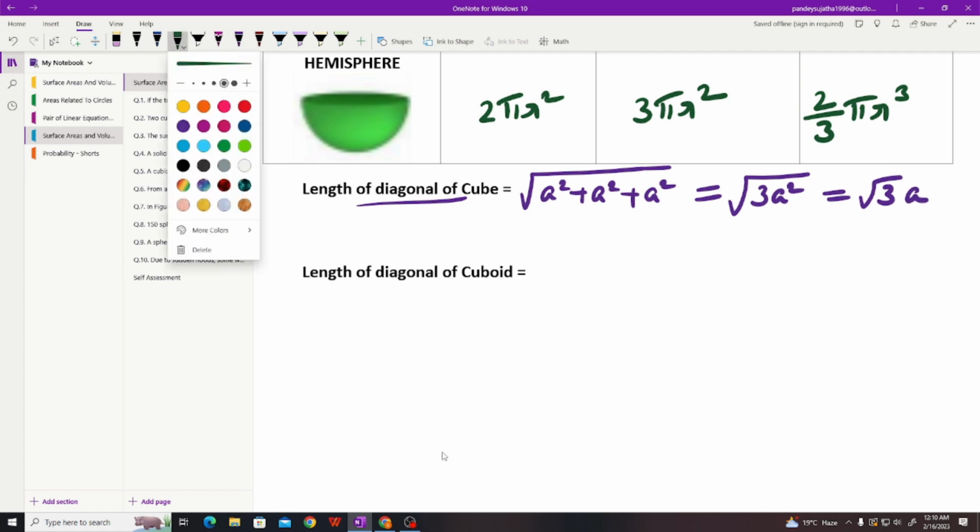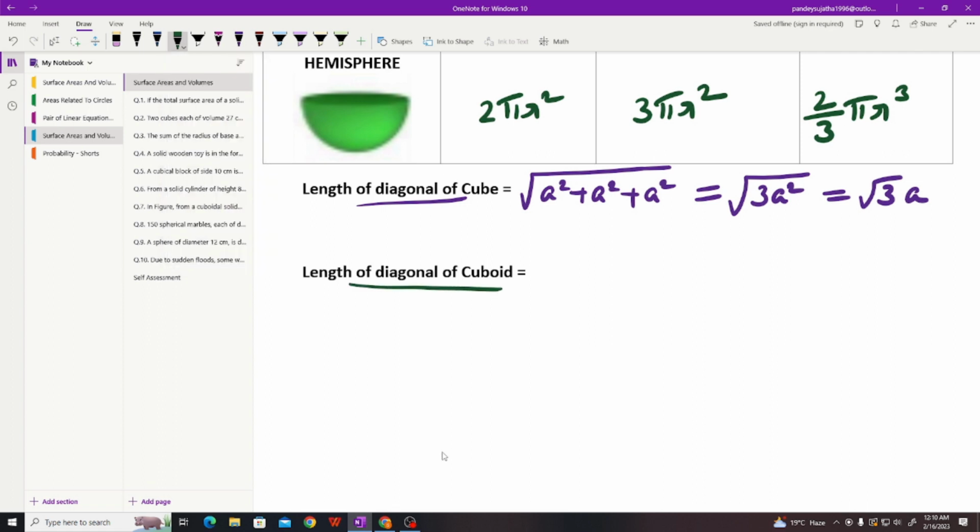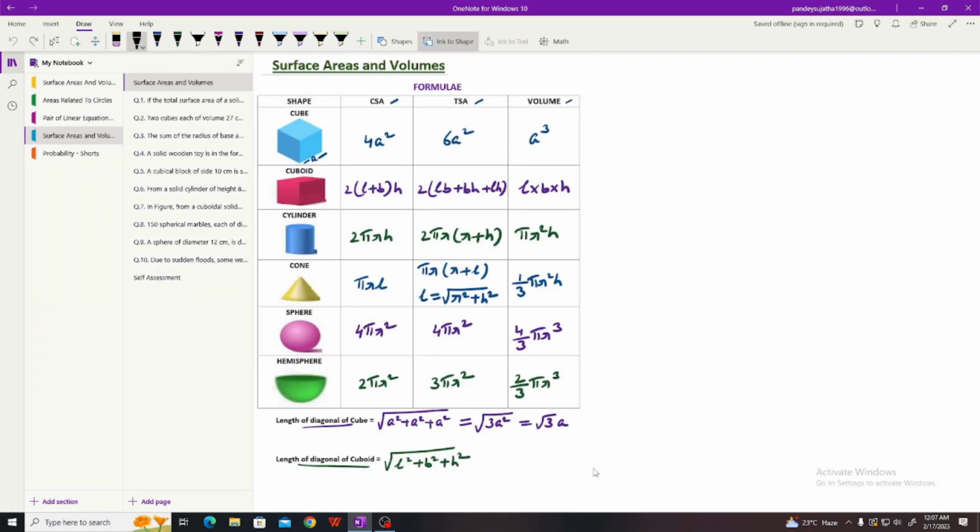The length of the diagonal of a cuboid is equal to root of length square plus breadth square plus height square. So these are the formulas of surface areas and volumes.